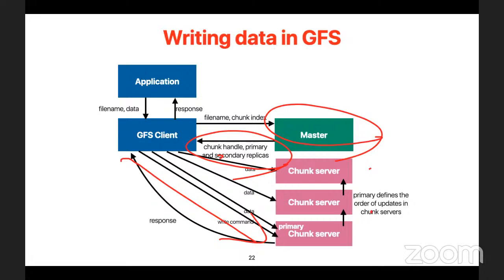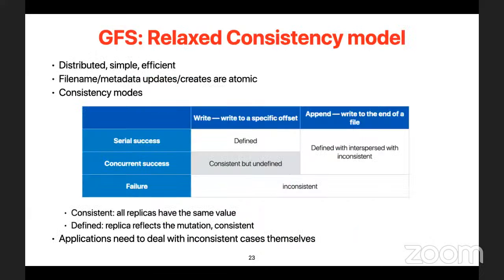If you look at the protocol, whenever I'm done with the primary server writing, the client is ready for the application to go, so others can continue execution as well. So the consistency issue that a lot of you were worried about is indeed an issue in Google File System. And this is Google's response: I don't care.